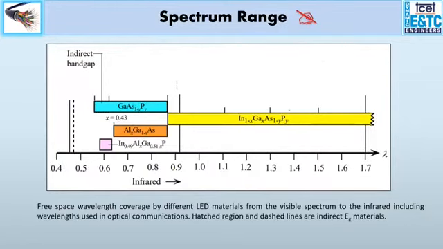Now this plot shows you how you vary the configuration, how the energy band is changing, and accordingly what wavelength can be extracted through that particular material. So gallium arsenide can be used for the range of 800 nanometers, that is for the first window.